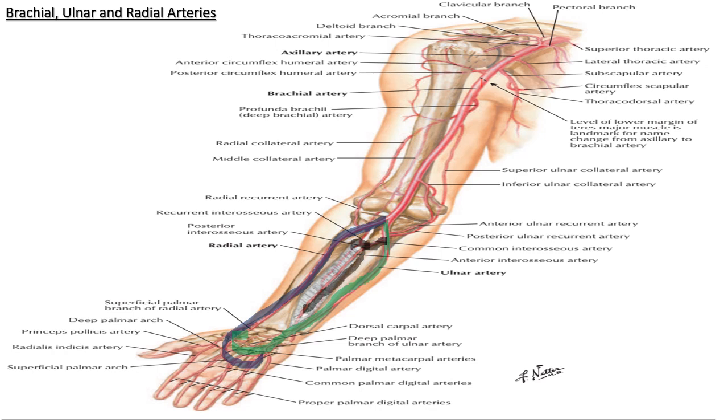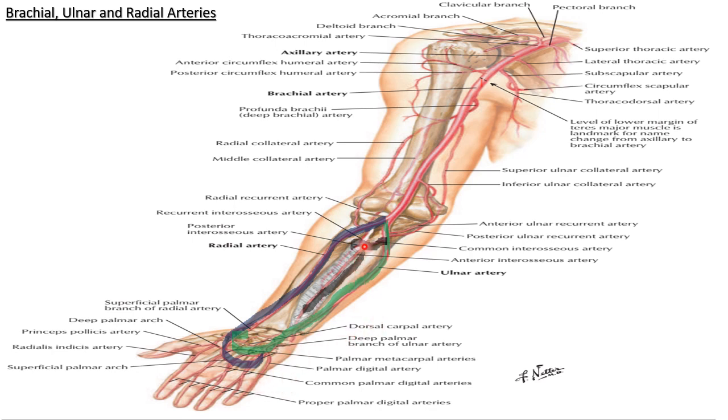So as you can see, there is a membrane here known as the interosseous membrane. So the common interosseous artery will give off those two arteries, the anterior and posterior interosseous arteries. The anterior interosseous artery will supply the anterior aspect of the forearm, and the posterior will supply the posterior aspect of the forearm.